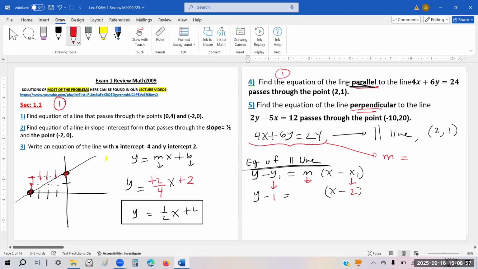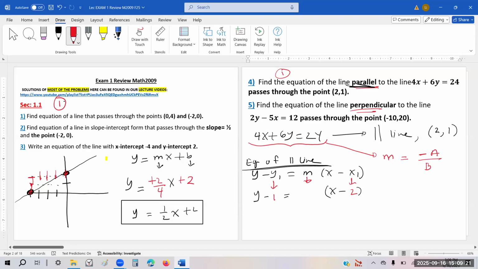Either solve for y, so that you get y equals mx plus b, where m is the slope. Or remember, the slope is negative a over b. If you can remember that, you don't have to do any math. Just get your a and b from there, and you get the answer.